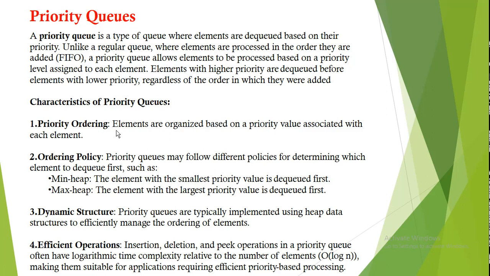So what are the characteristics it has? Priority order: elements are organized based on the priority level, as I told. And coming to the order policy, as I told, it is minimum and maximum. Based on the priority only we will be using.